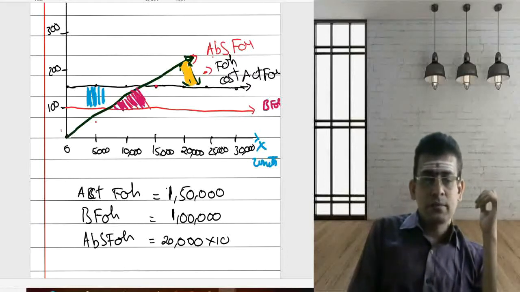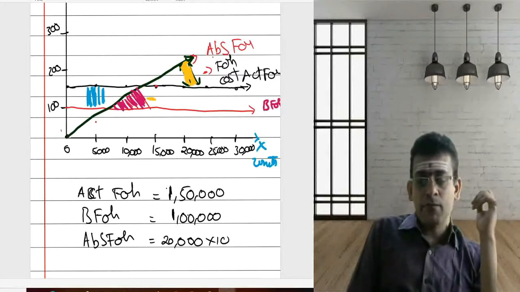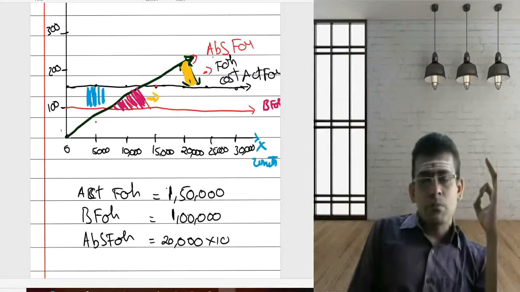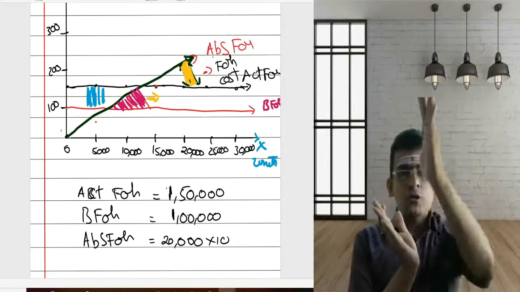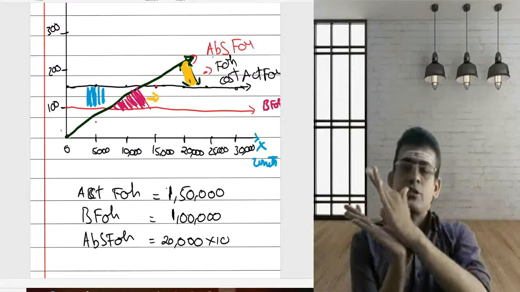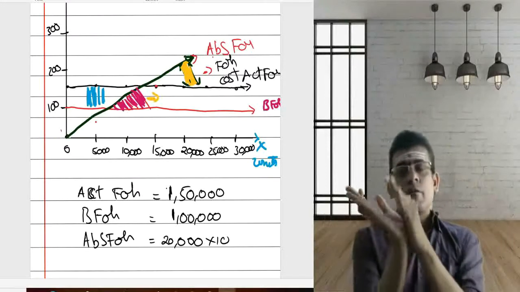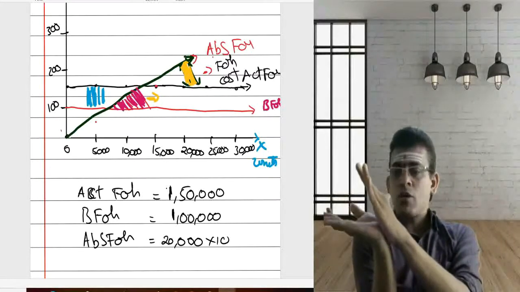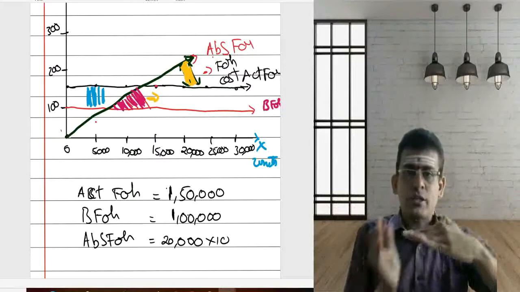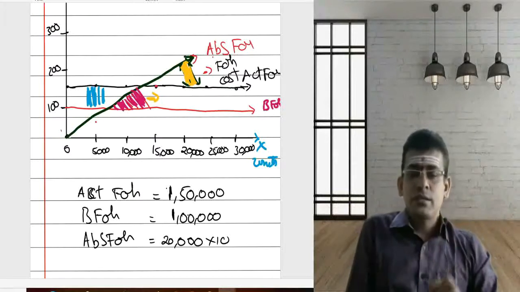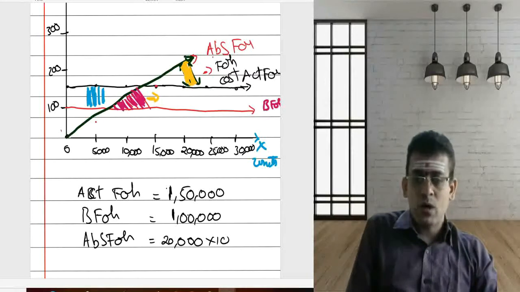Now here another angle is formed. The other angle formed here is between observed and budget. Observed keeps on changing. If the volume changes, my cost changes, whereas budgeted fixed overheads remain the same. So the angle between the one which does not change and the one which changes is called the fixed overhead volume variance.